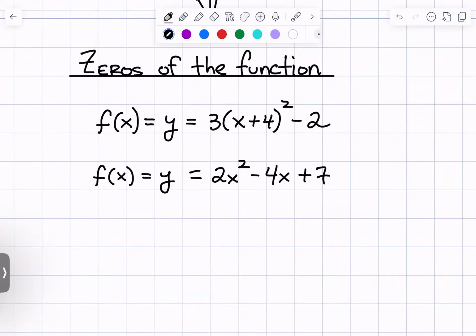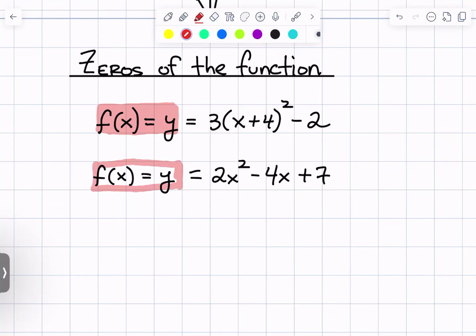Now, I want you to notice that both of these equations start off with f of x equals y, right? That means that my y value equals the whole function, right?